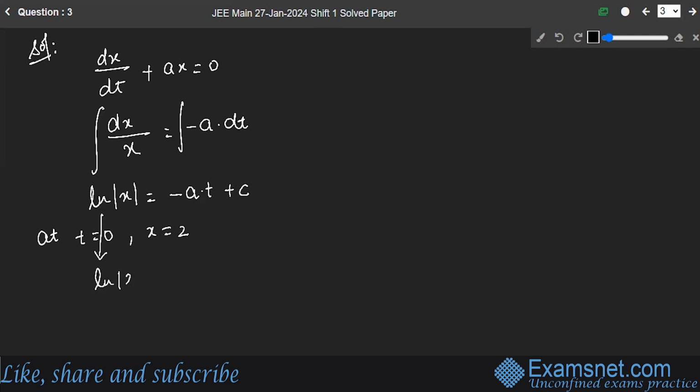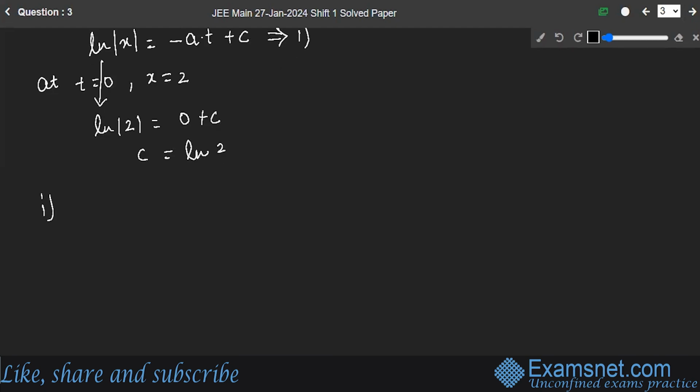You have natural log 2 is equal to 0 plus c. So that gives you c is equal to log of 2. So what does this equation become now? Let's say this is equation 1. So now equation 1 becomes log x is equal to minus at plus log 2. This was the first one.